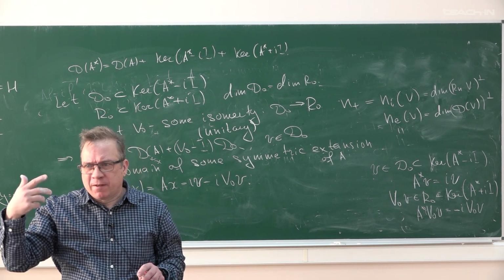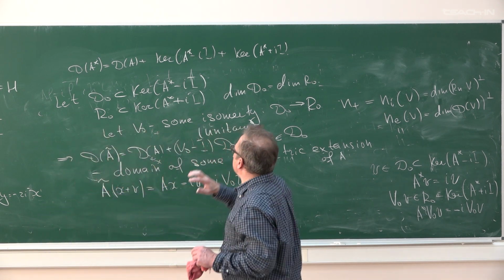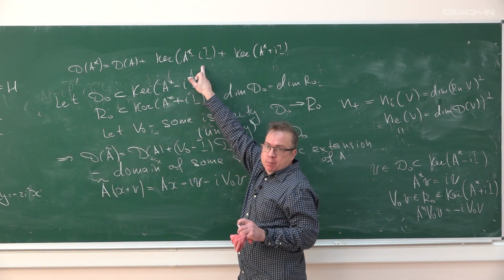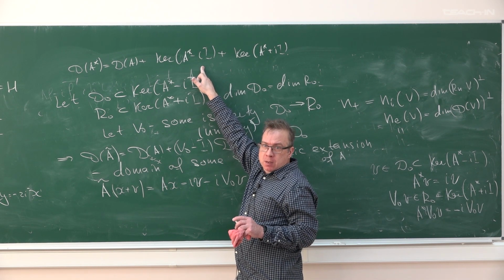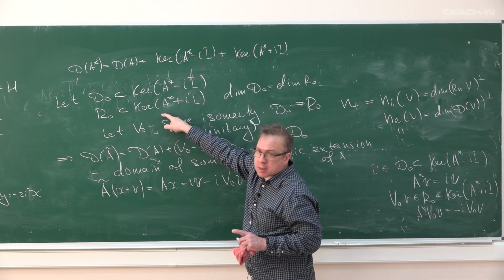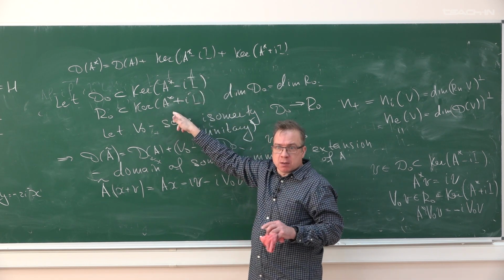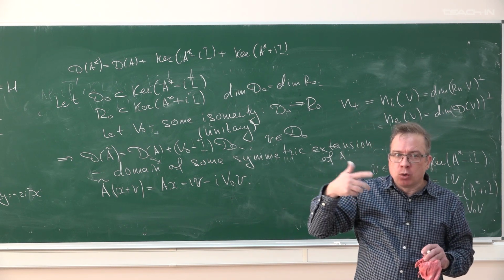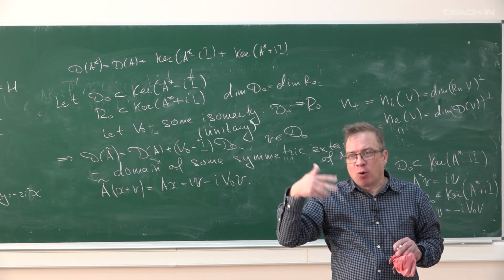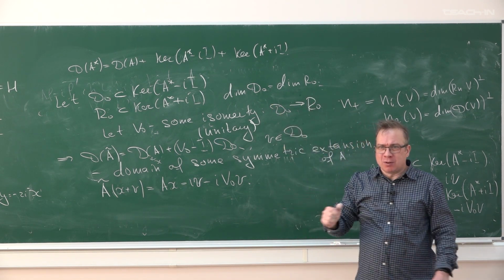But if the defect indices of operator A coincide, it means that the dimensions of these spaces are the same. So you can construct the full unitary, not from the subspaces, but from this space to this space. And all self-adjoint extensions depend on what? How many unitary operators you can construct from D0 to R0.